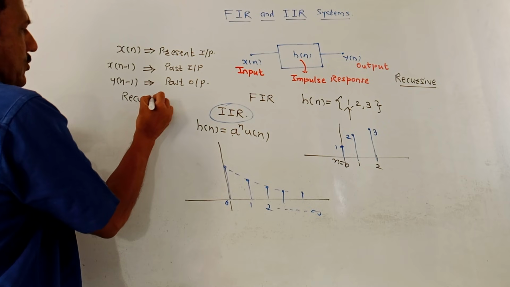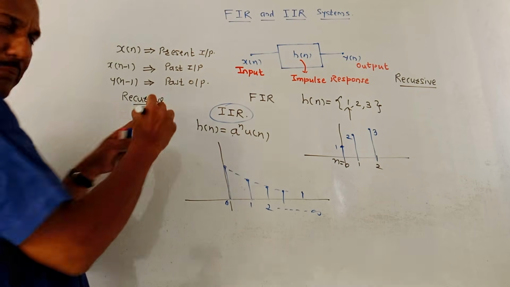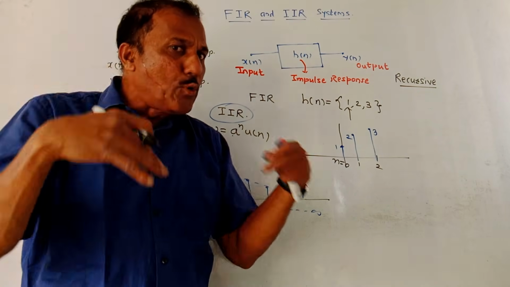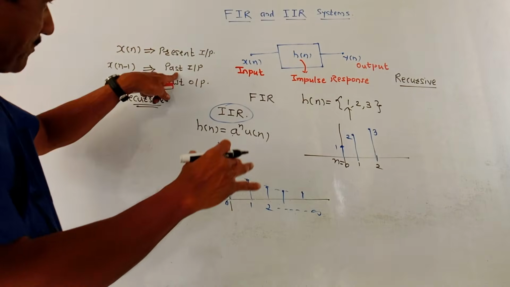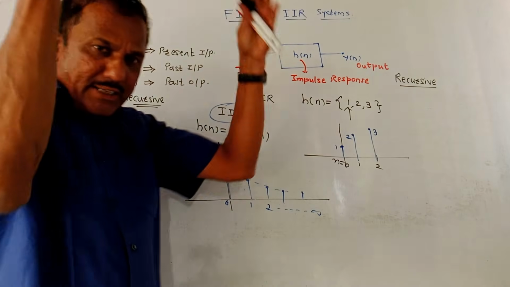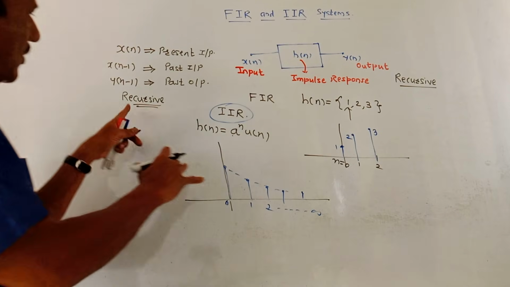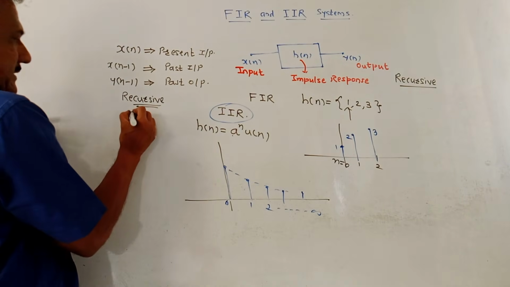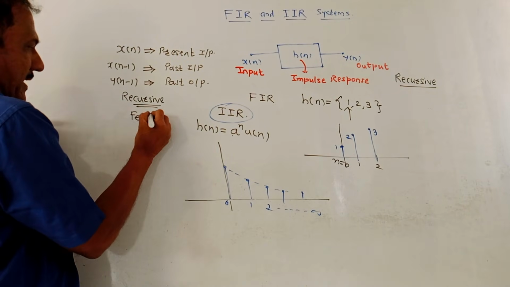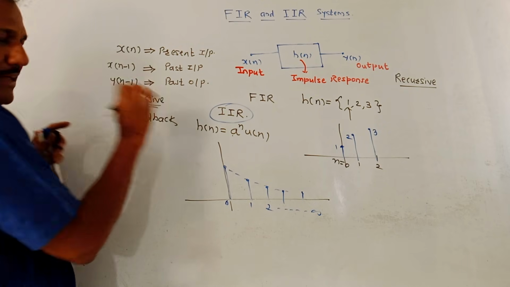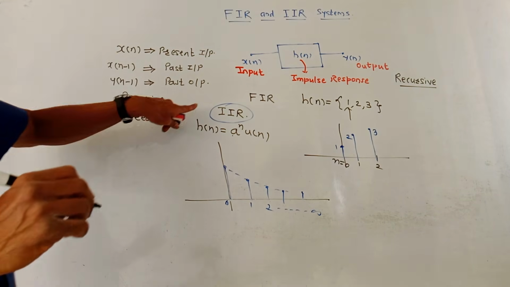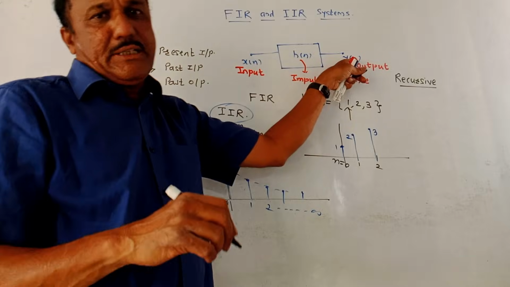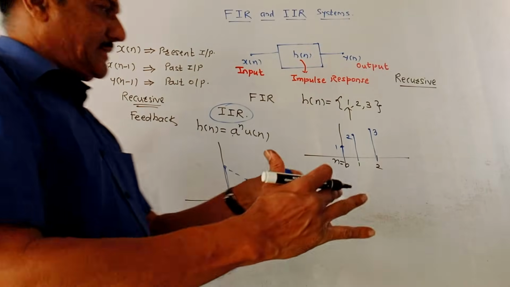So recursive means whenever there is a presence of past output values, present and past inputs are allowed, but whenever past output values are there, it is called a recursive system. Such systems are said to have a feedback signal. So IIR systems are recursive systems because they have the feedback.